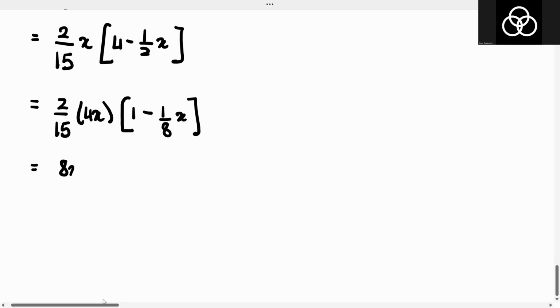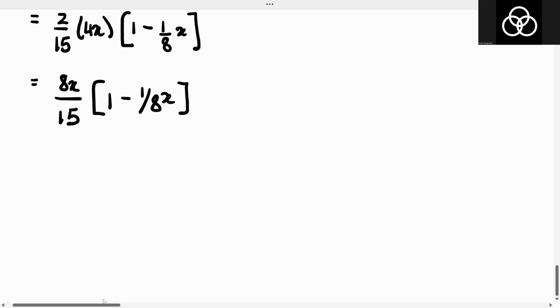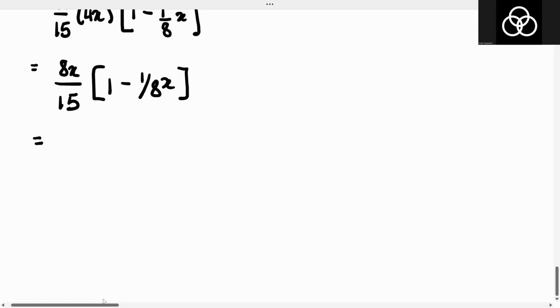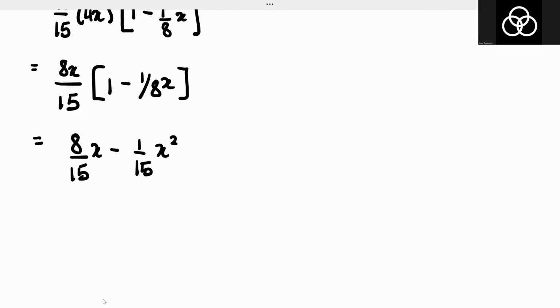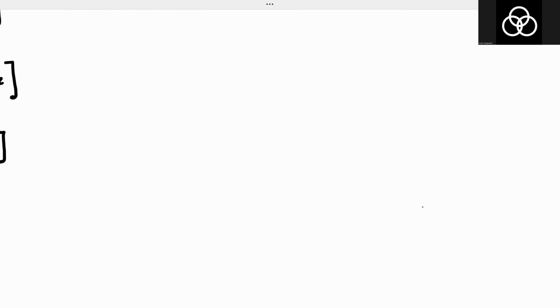We could write it as 8x over 15 times (1 minus 1 over 8 x). Or maybe the neater way to write it might actually be 8 over 15 x minus 1 over 15 x squared, right?